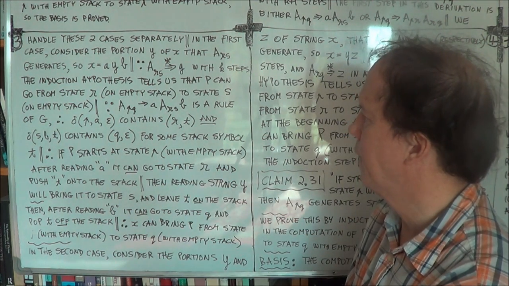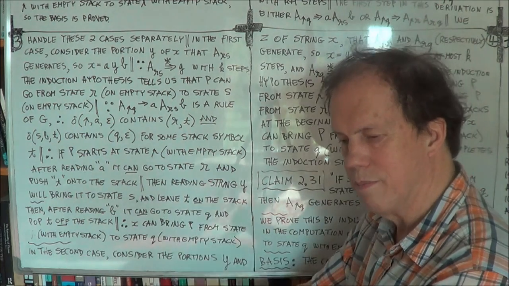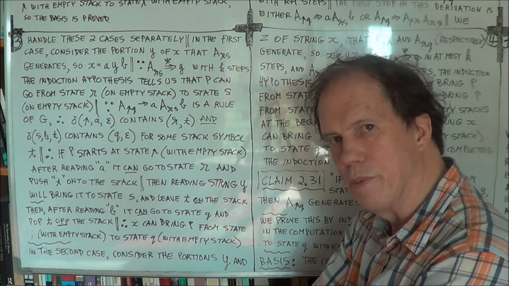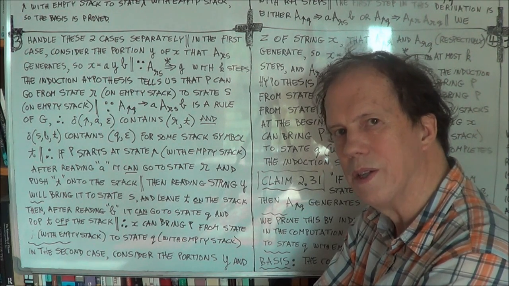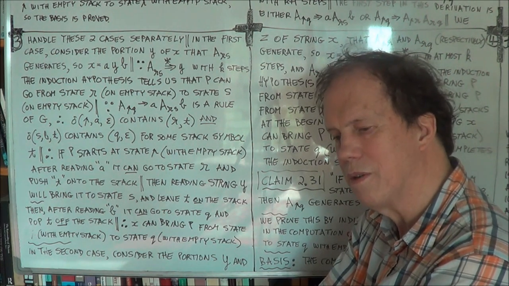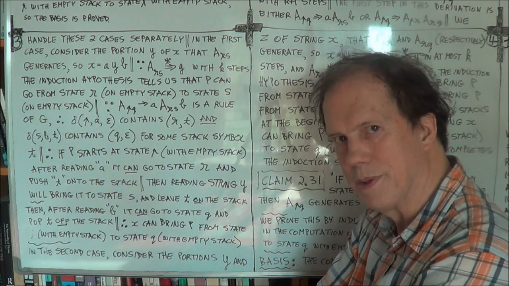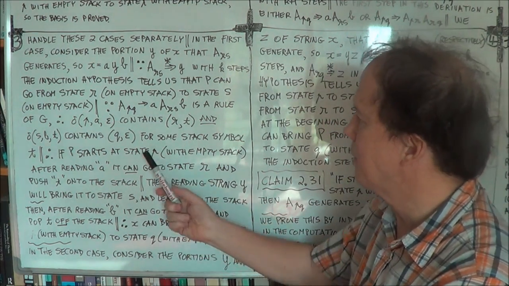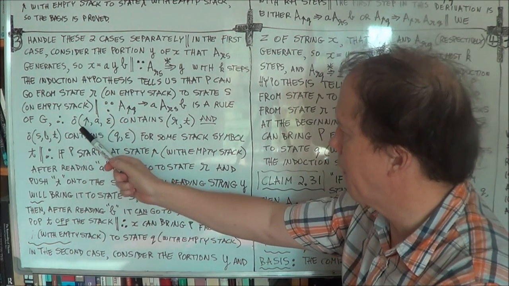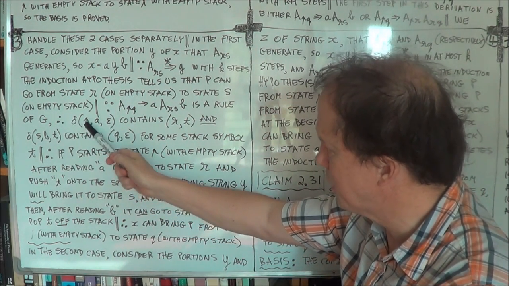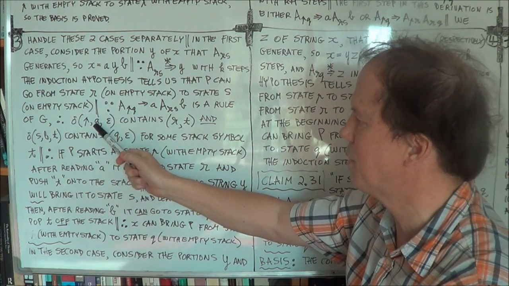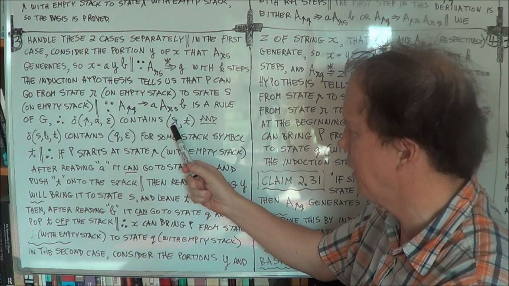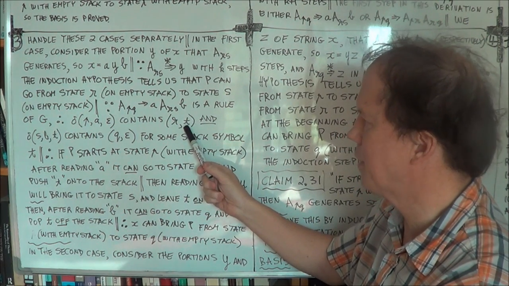Now remember this special modified PDA: it can either push or pop, and it has to do one or the other each time. It can't do nothing, and it can't push and pop at the same time. So going from current state P, reading a on the input string, we move to state R and we push a T onto the stack.